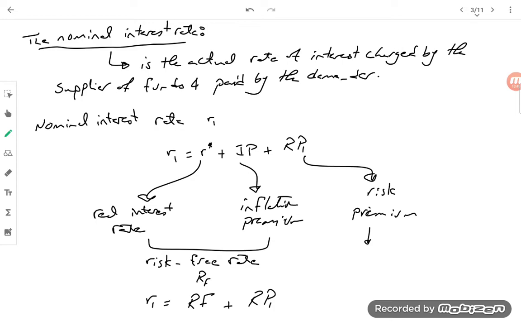For a moment, just ignore the risk premium. So this means that the risk-free rate is the real interest rate plus the inflation premium.